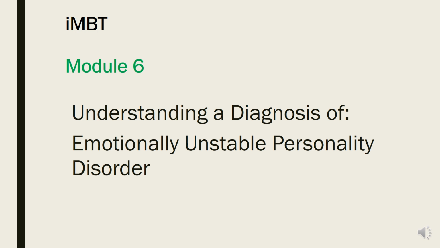Now in Europe and in the international community, so the rest of the world, the manual used to look at diagnoses is something called the ICD-10. So that's the International Classification of Disease. And again, it's a classification of all the different types of illnesses and different categories.